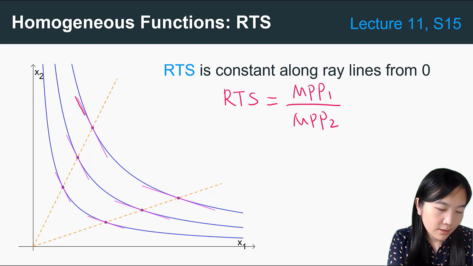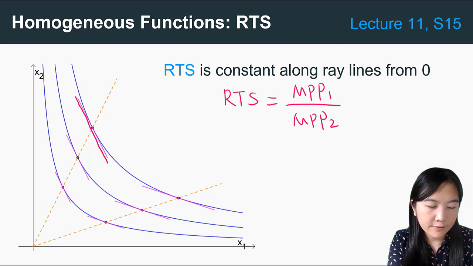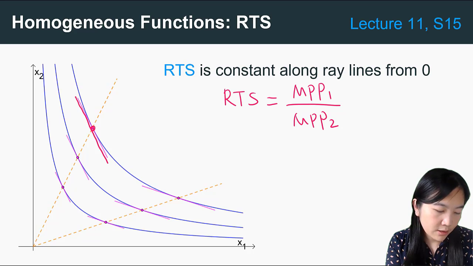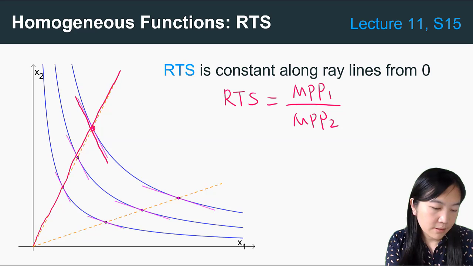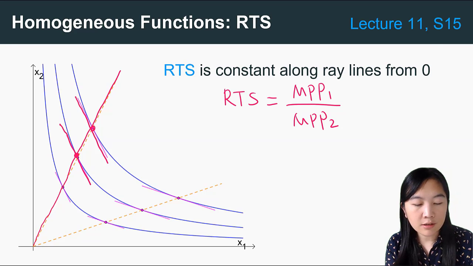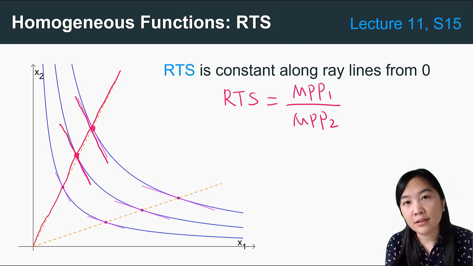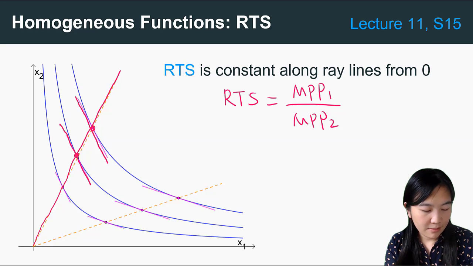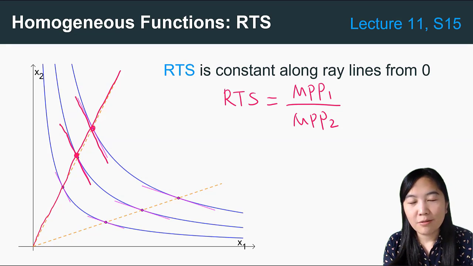Here, this is the slope of the isoquant at that point. If you're changing your input along this line, then for each isoquant curve, the rate of technical substitution is going to be exactly the same. And why is that important?